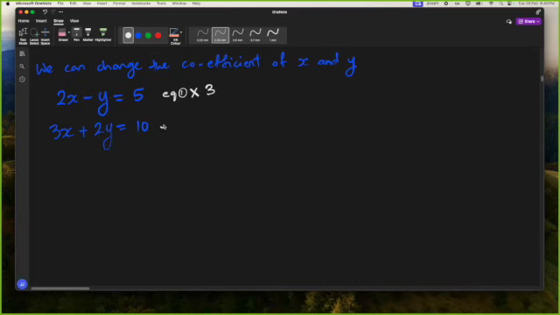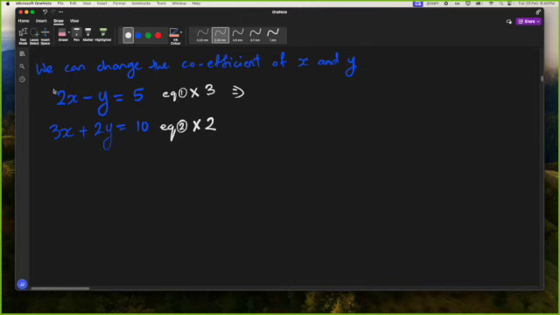But then I'm going to take equation 2 and multiply it by this 2 over here. So I'm looking at the coefficients, multiplying this equation by 3 and this equation by 2. And watch what will happen.